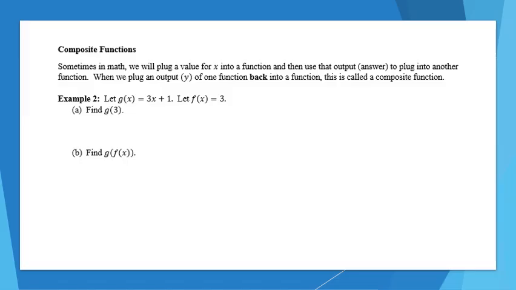What is g of 3? Let's just plug 3 into this equation. So this is 3 times 3 plus 1, which is 10. So g of 3 equals 10. Now, what is g of f? Whoops, let me rewrite that a little bit better.